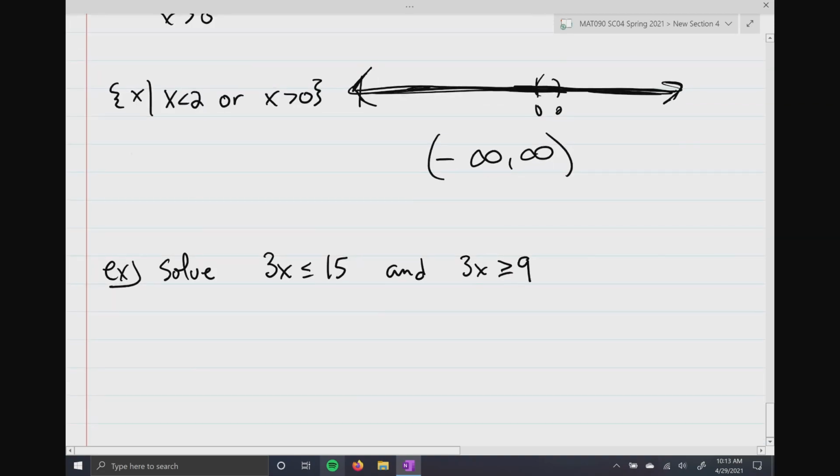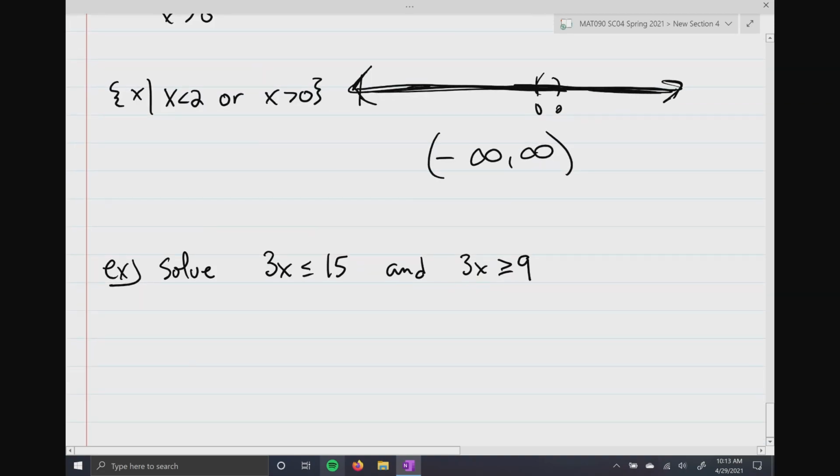All right, so here's the difference between these two problems, because you're going to see something here. With the first inequality, I solve it by dividing both sides by 3. And that gives me x is less than or equal to 5. So I graph it.